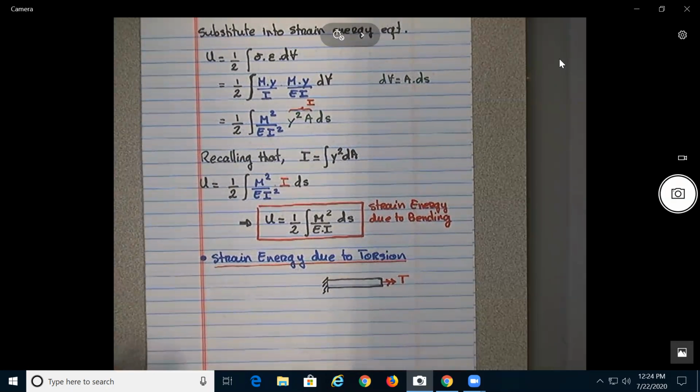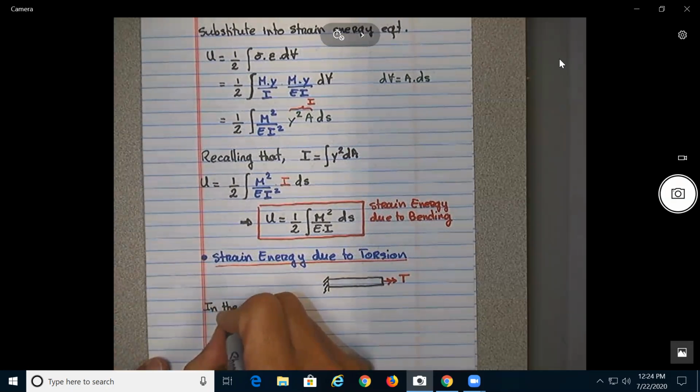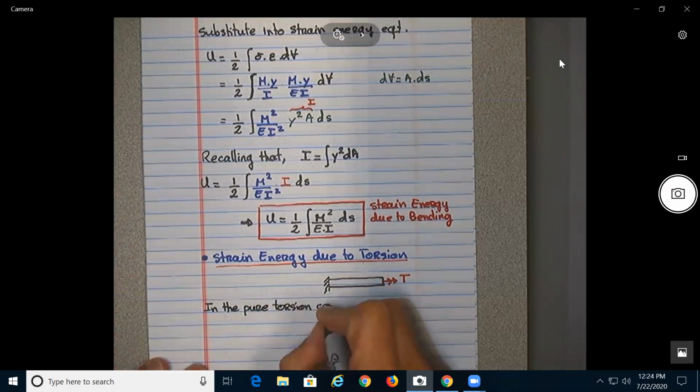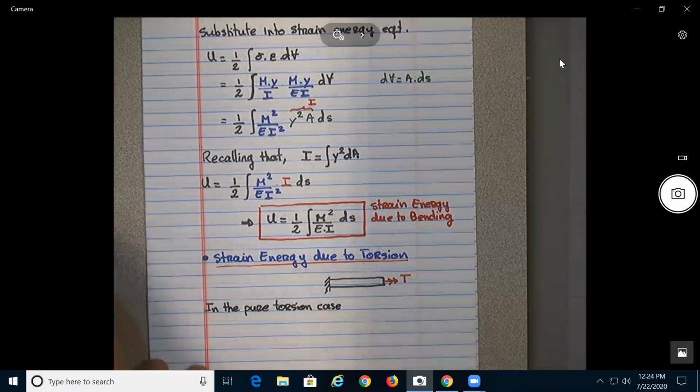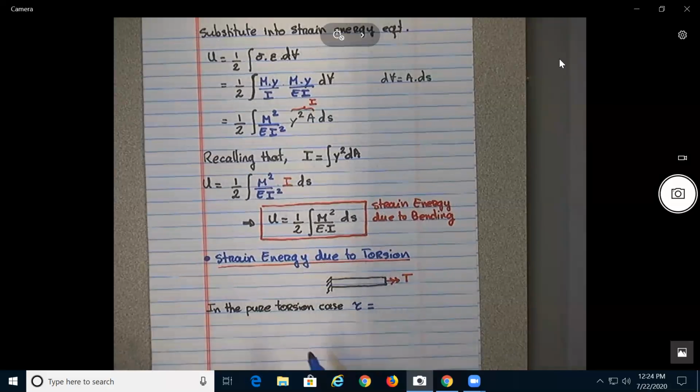Okay, so in the case of pure torsion, we were talking a bit yesterday about it. What is the stress? They changed the notation.